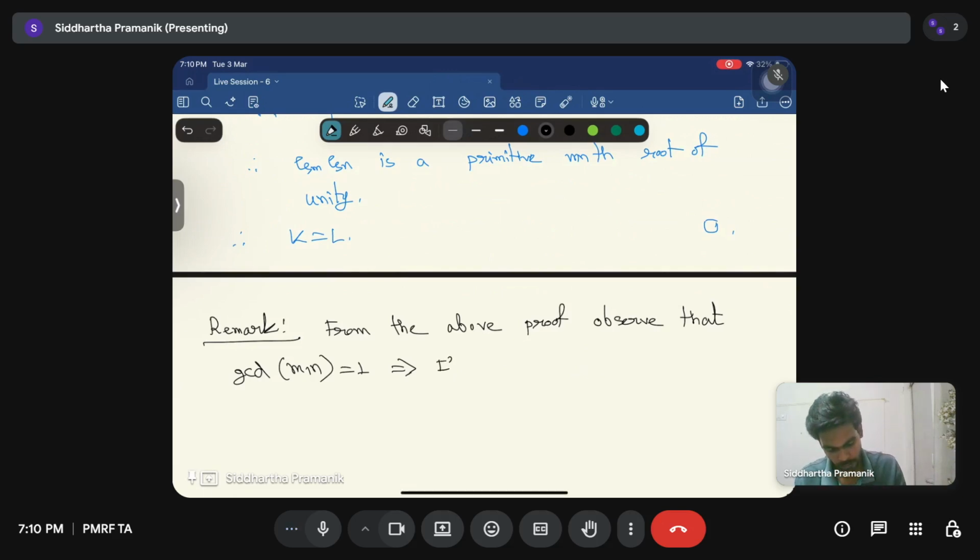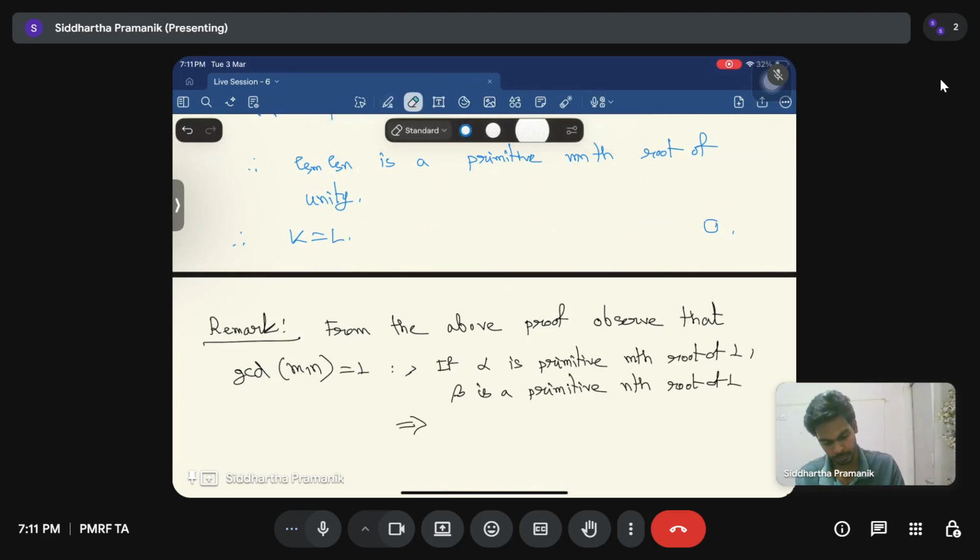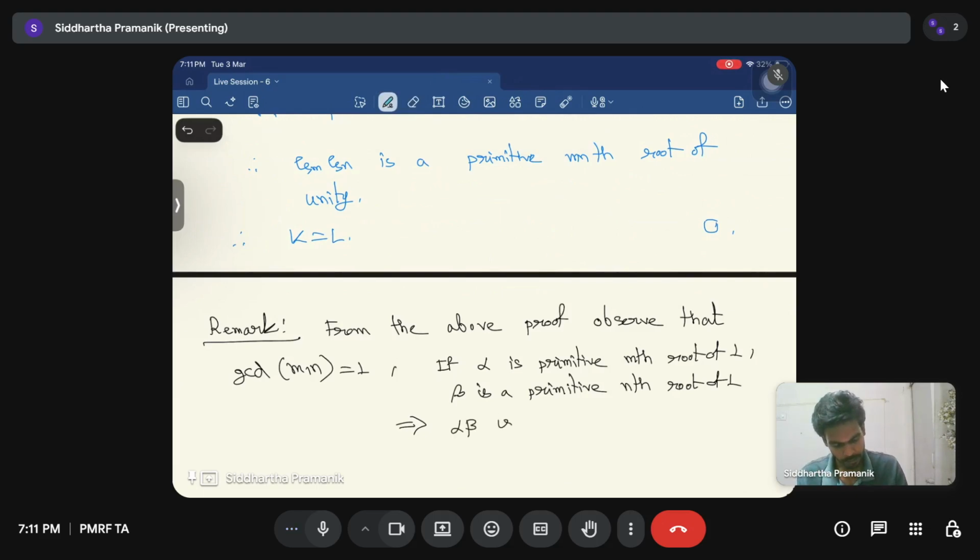So if alpha is a primitive mth root of 1 and beta is a primitive nth root of 1, this will imply alpha times beta is a primitive mnth root of 1.